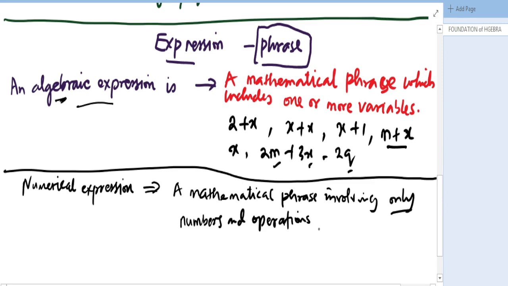Your operation symbols like plus, minus, multiplication, division, they are the operations, and every other operation, you know.